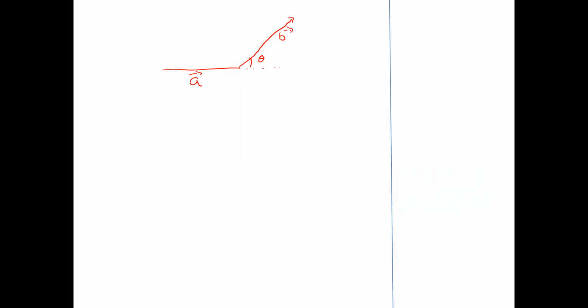Now in this case, how would you find out the resultant? So in this case, the resultant is given by this formula. This C is the resultant, the closing side of this theorem, which is actually called the parallelogram theorem.